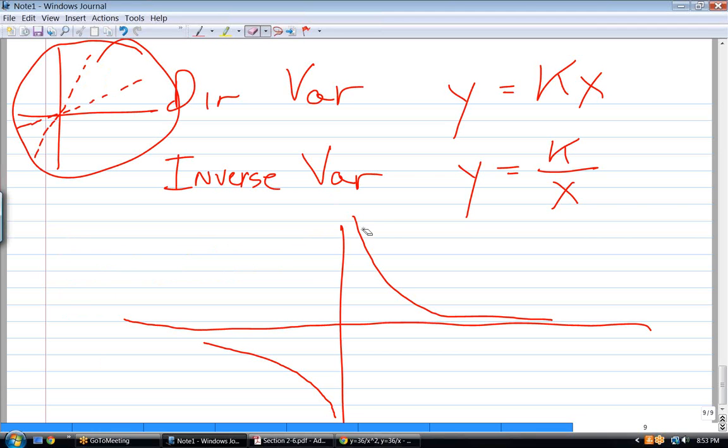To be inverse variation, it has to have vertical and horizontal asymptotes of 0, and be hyperbolic. In other words, not only does it have to be hyperbolic, but it has to be this.